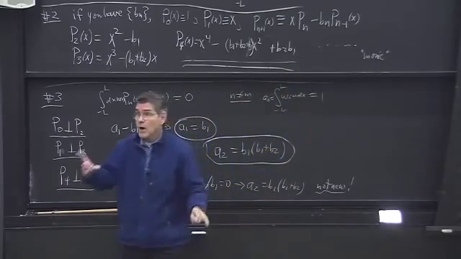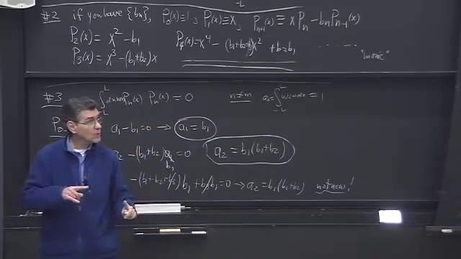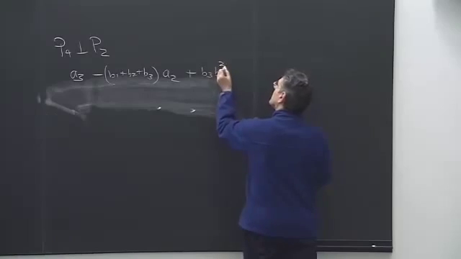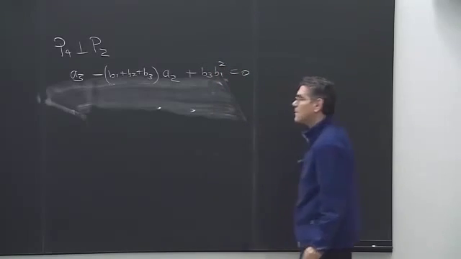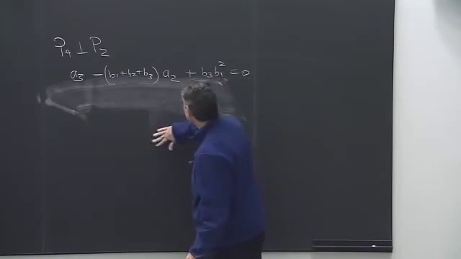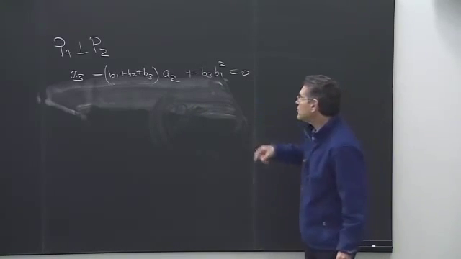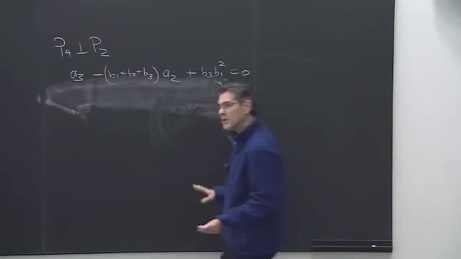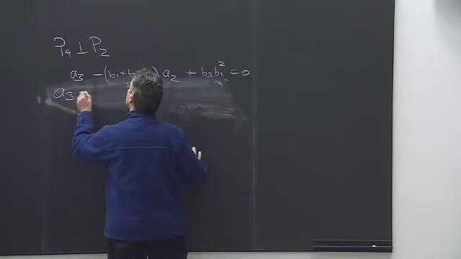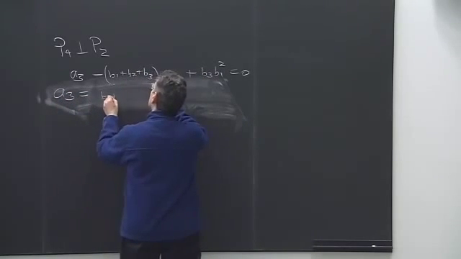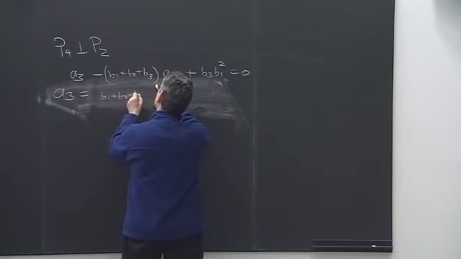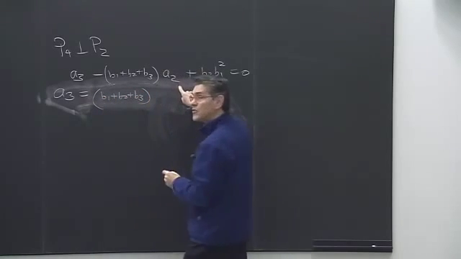So I get a1, which is b1, so b1 squared. That is 0. That's what I conclude here. Okay? So this seems to be a formula for a3. So this says a3 is equal to b1 plus b2 plus b3 times a2.